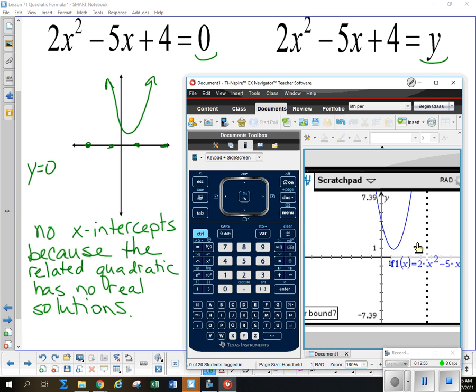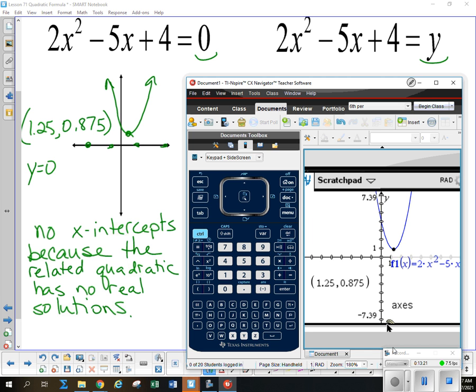And then it's going to ask us for the lower bound, so we click somewhere to the left of the vertex, somewhere to the right, and it says, oh, that vertex is 1.25, 0.875. So on your problem set papers, you will label that 1.25, 0.875, because that's a critical point on that.